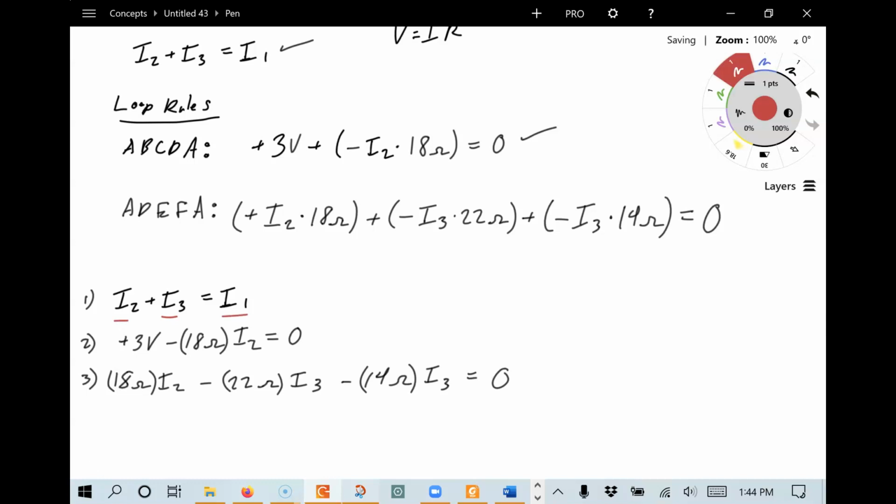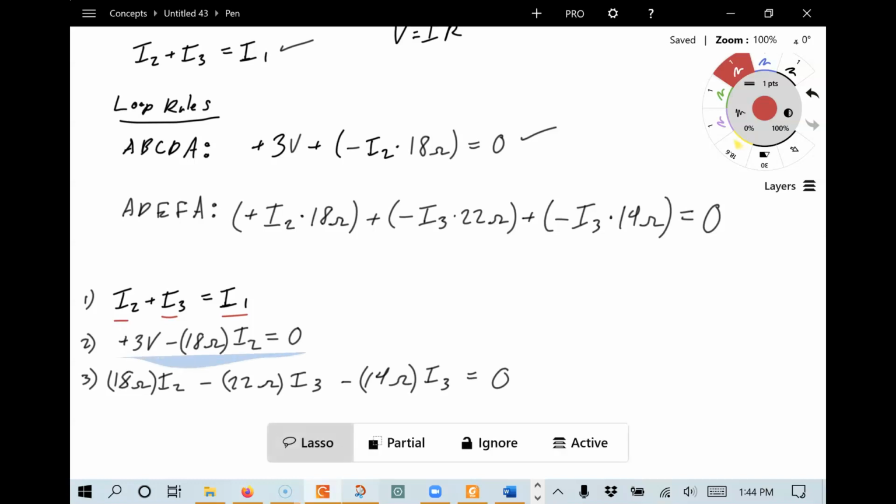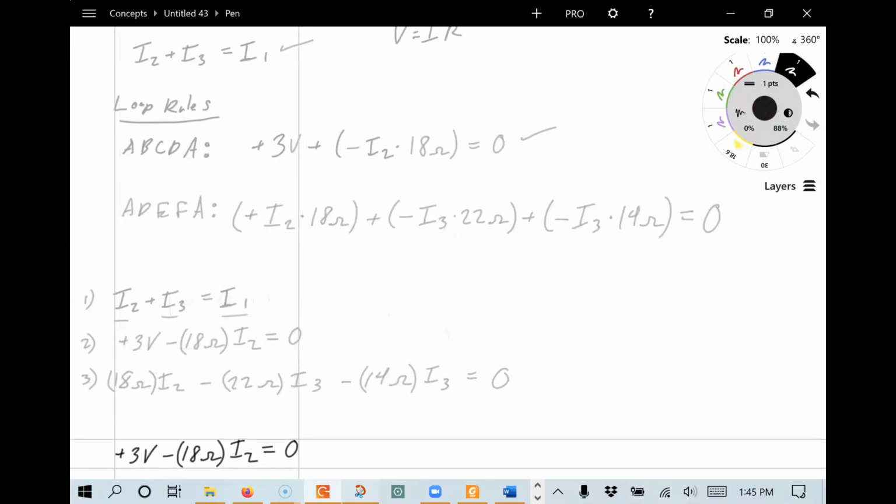At this point, it's just a bunch of algebra. I'm not going to do the entire thing here, but I will go ahead and show that with the easy one, equation 2, we can go ahead and immediately solve for I2, and we'll just check and verify that it is the same as before when we solve this problem.